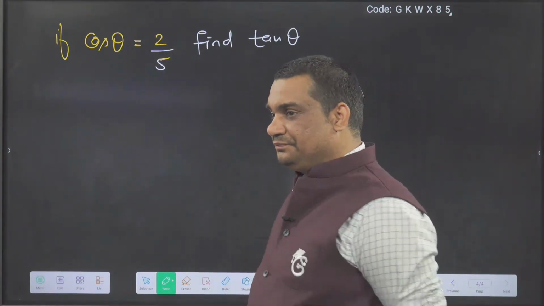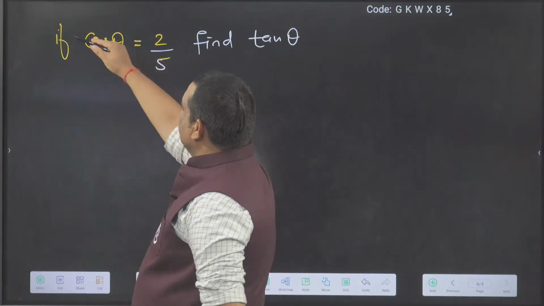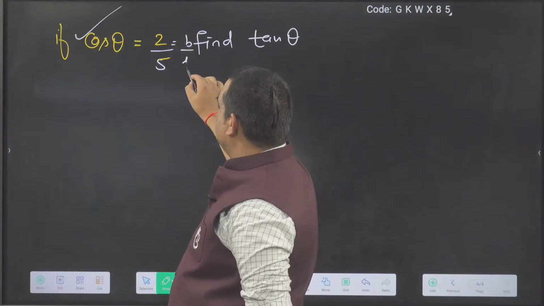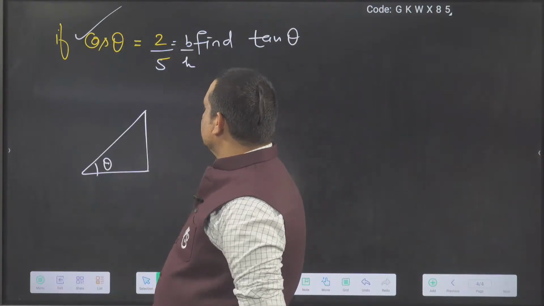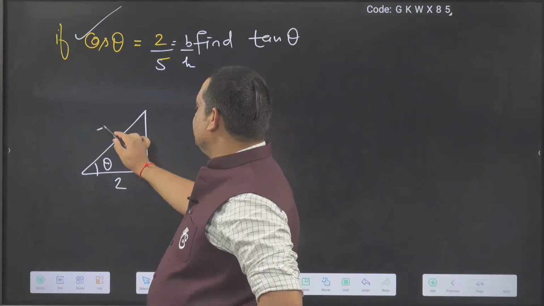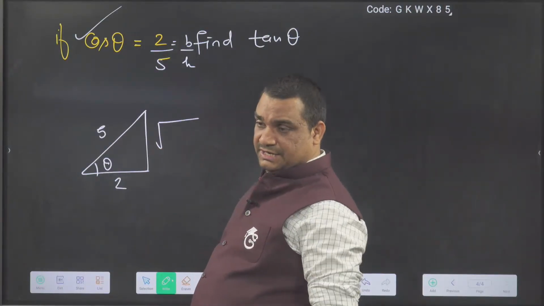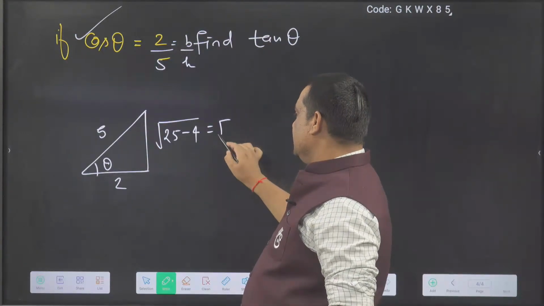Okay, now I will solve here. We can say cos theta is given, this value. Then this is base by hypotenuse. So if I make the triangle, this is theta. This will be 2, this will be 5, and this will be the square root of the bigger side squared minus 4, that is 25 minus 4, which is 21.